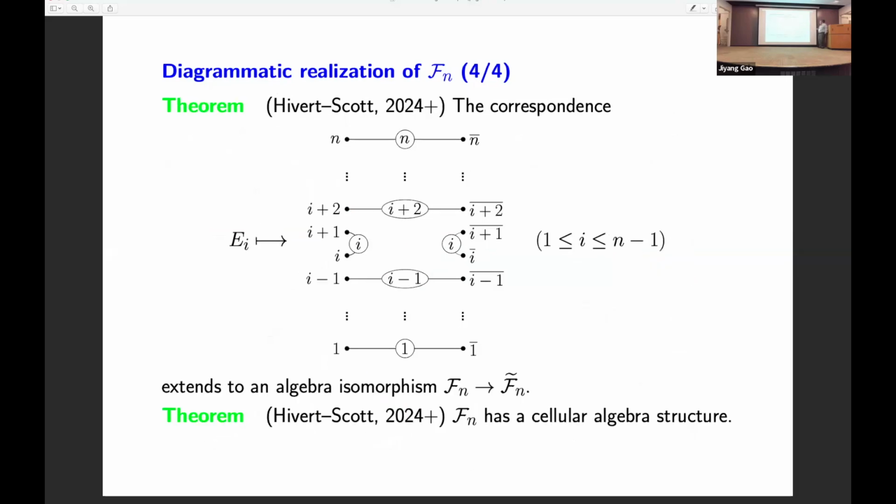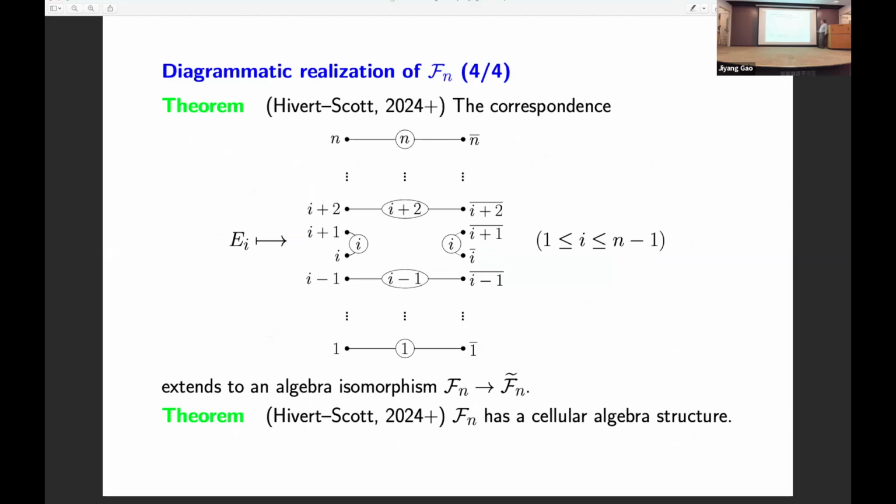Then they show that this algebra Fn is isomorphic to the algebra defined diagrammatically. So the correspondence is that my generator EI maps to this level diagram.